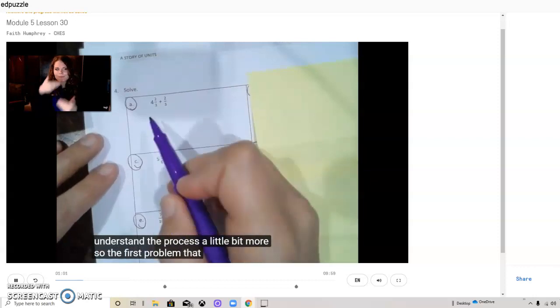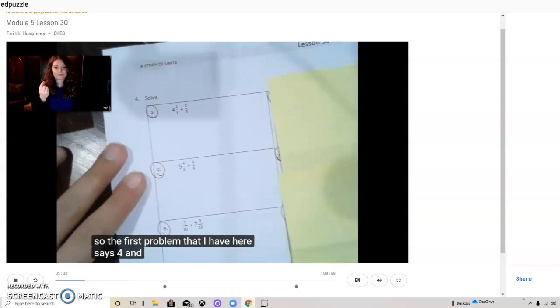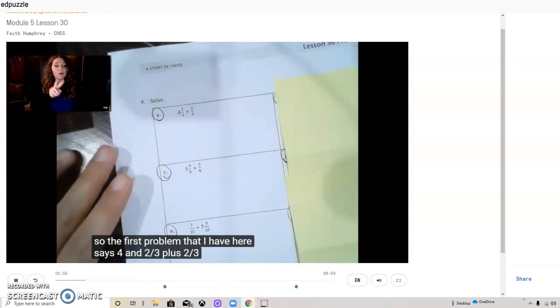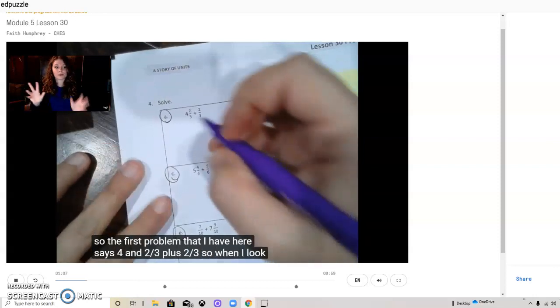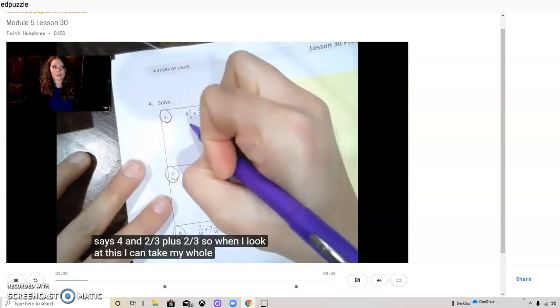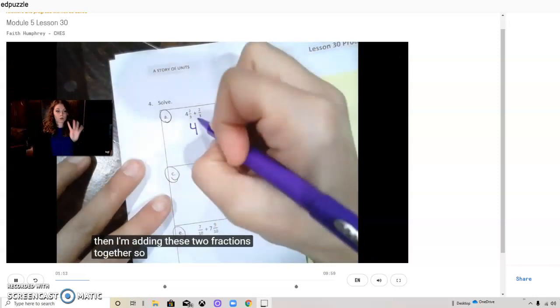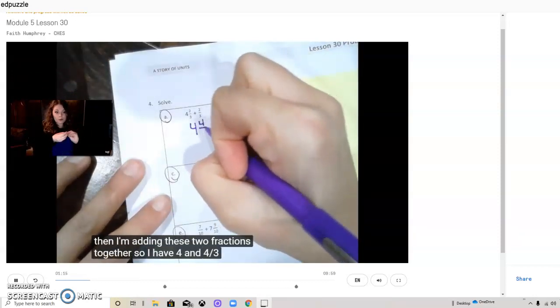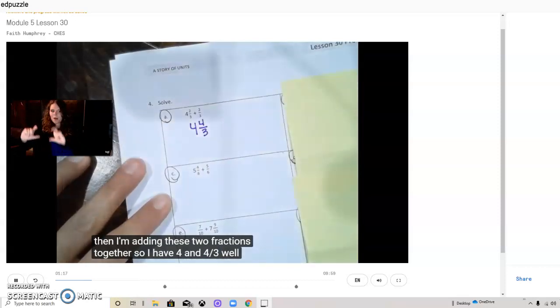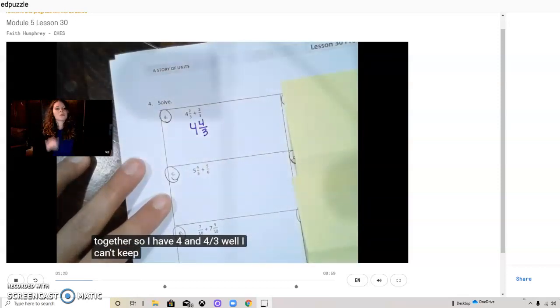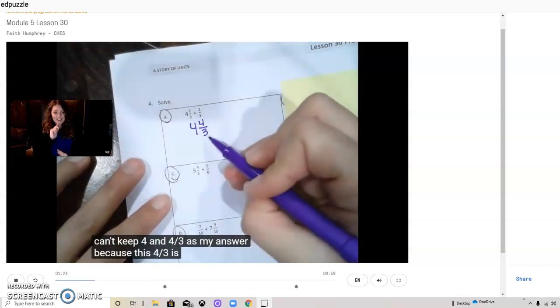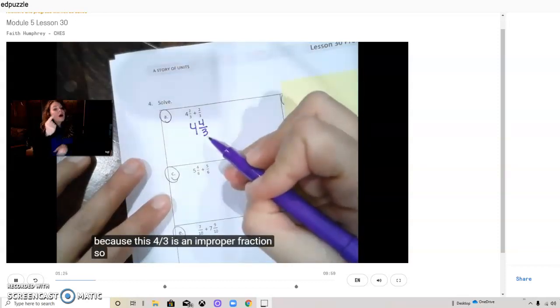So the first problem that I have here says 4 2/3 plus 2/3. So when I look at this, I can take my whole number 4 and then I'm adding these two fractions together. So I have 4 4/3. Well, I can't keep 4 4/3 as my answer because this 4/3 is an improper fraction.